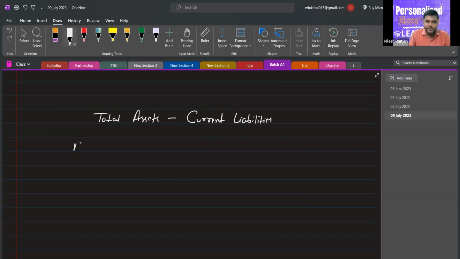Total assets, we can say fixed assets and current assets, or we can say non-current assets and current assets. So fixed assets plus current assets minus current liabilities.